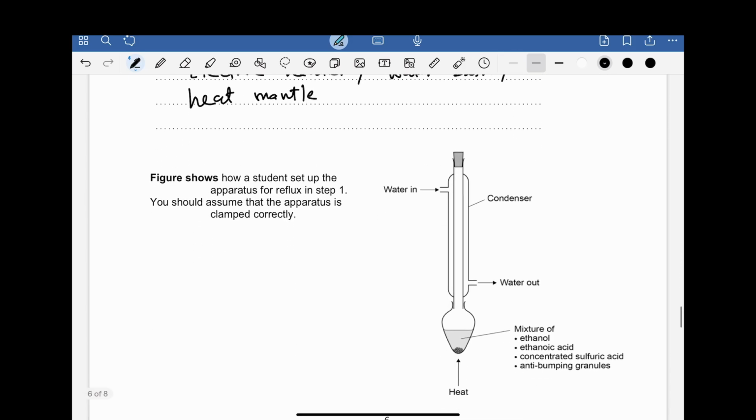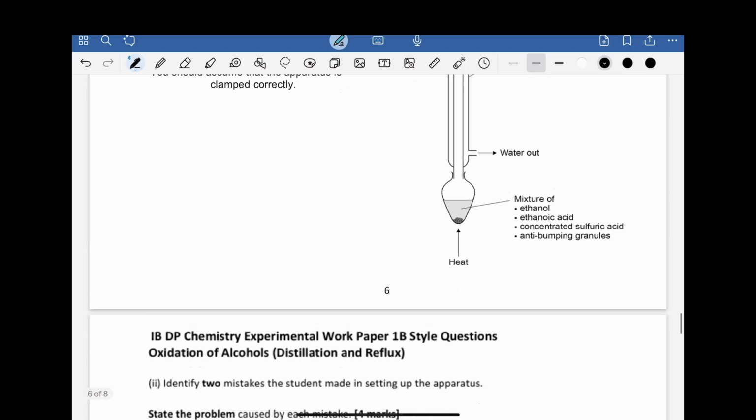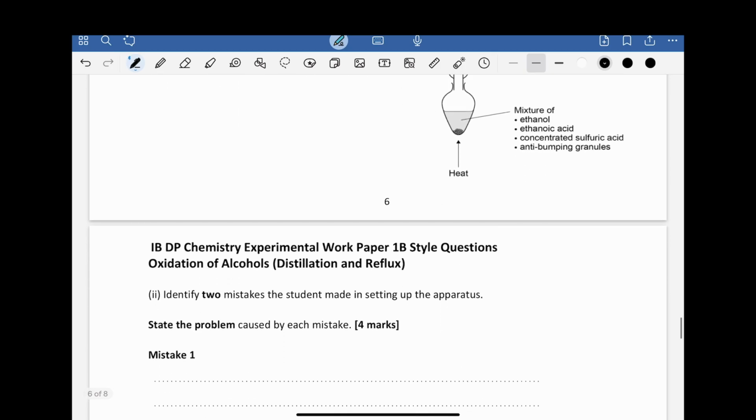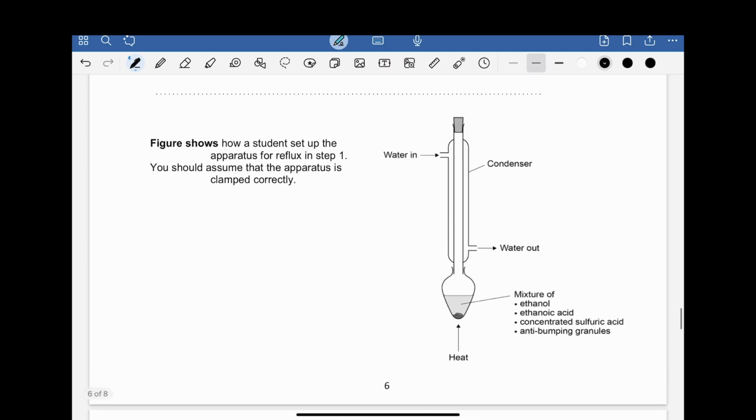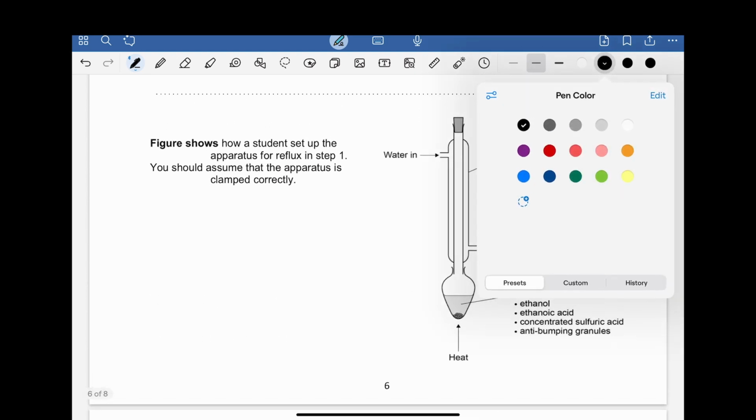The figure shows how the student set up the apparatus for reflux in step 1. You should assume that the apparatus is clamped correctly. Identify 2 mistakes the student made in setting up the apparatus, and state the problem caused by each mistake. So let's go back and have a look at the diagram.